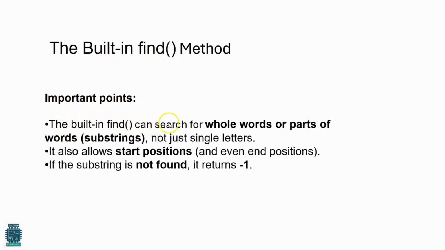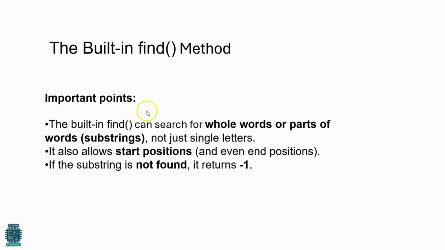The built-in find can search whole words or part of words, that is a substring, not just a single letter. In the previous example, we searched for 'ban', 'ban' like that. But we can search whole words, that is banana. We can search a single letter as well, the whole word or a part of that word. It allows the start position and even end positions as well.